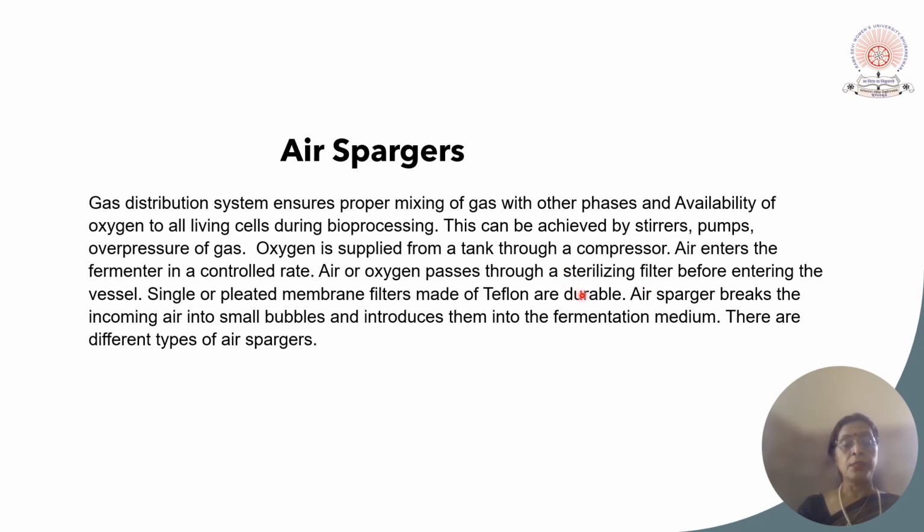Sterilization of the oxygen is achieved by using different filter devices. Different types of filter like the single membrane filter or pleated membrane filters can be used. Membranes made up of Teflon material are more durable. Sparger is another device that adds small air bubbles into the medium during bioprocessing.